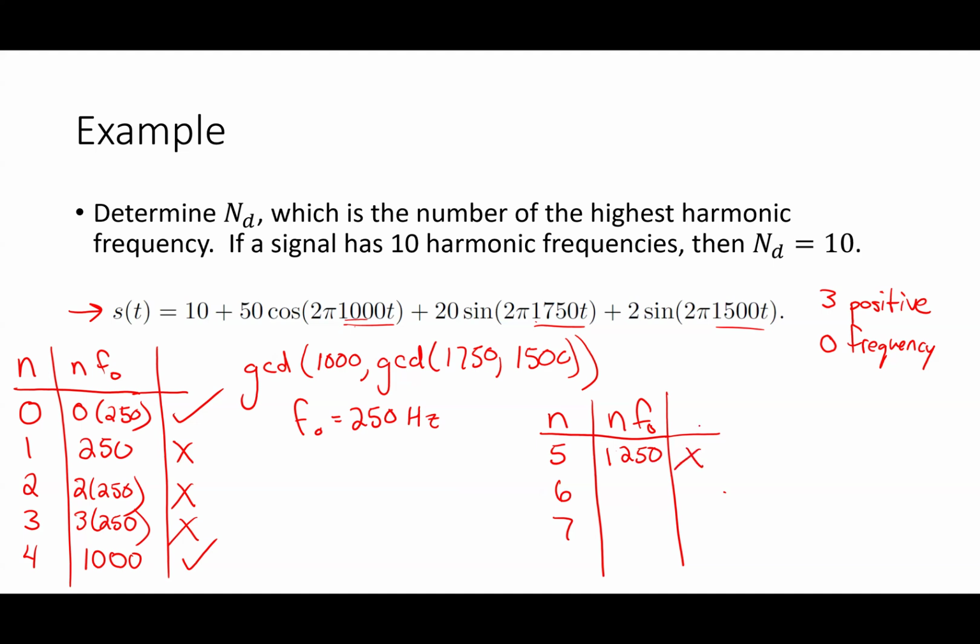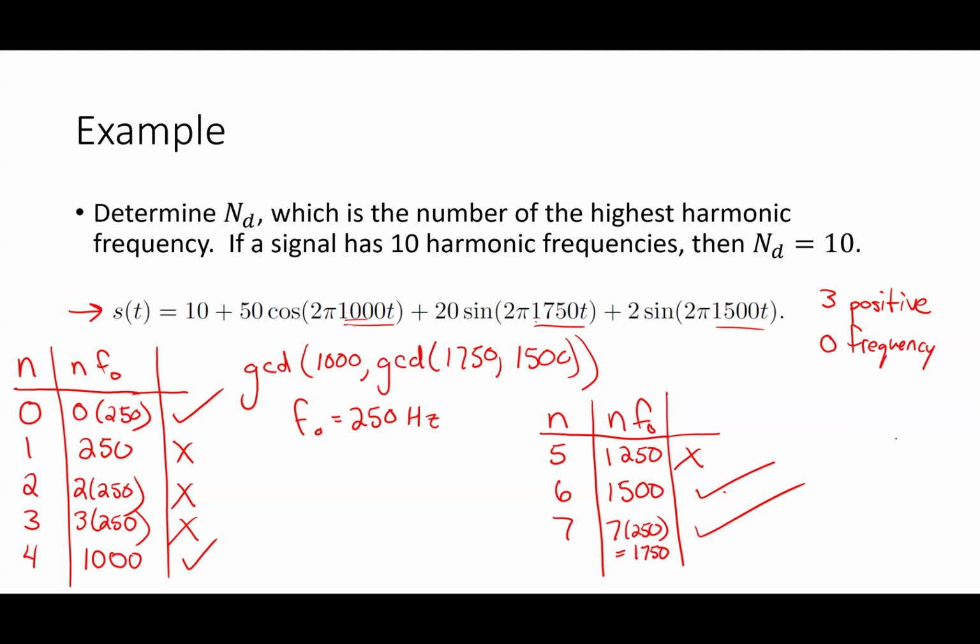No. The sixth harmonic would be 6 times 250, which is 1,500. Do I have a 1,500 hertz term? Yes. 7 times 250 would be 1,750. Do I have one of those? Yes.